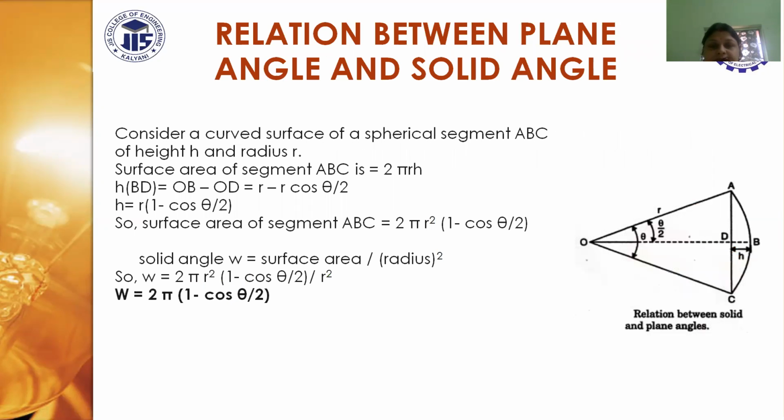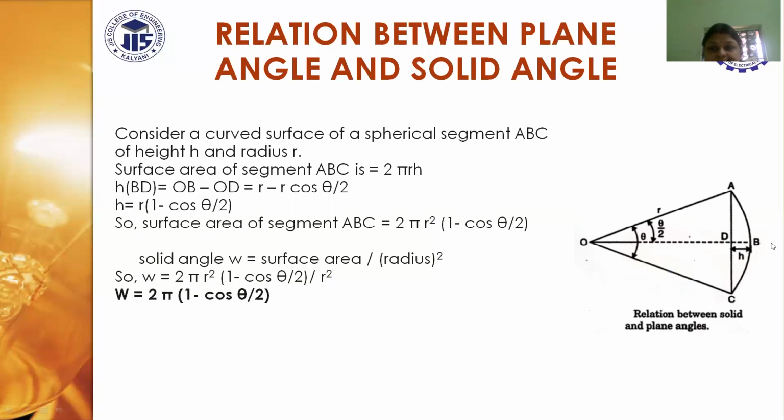Next, very important term, relation between plane angle and solid angle. Sometimes in your semester question, it is asked to build up the relationship between plane angle and solid angle. So here consider a curved surface of spherical segment ABC of height h and radius r. Surface area of segment ABC is 2 pi r h.